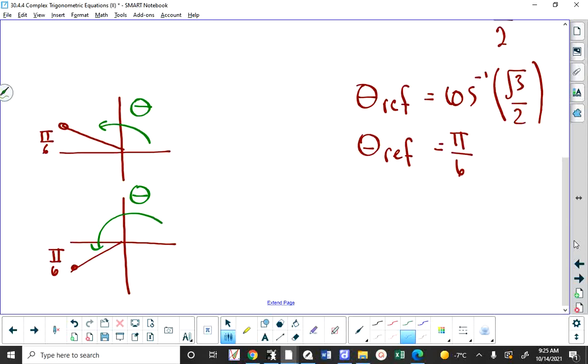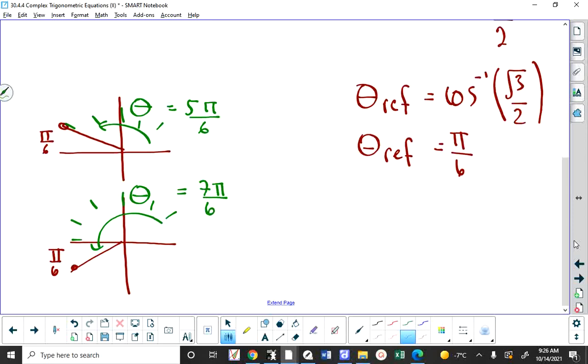This is 5 pi over 6. I'm not actually taking pi minus pi over 6. I'm just counting 1, 2, 3, 4, 5 pi over 6. This is 1, 2, 3, 4, 5, 6, 7 pi over 6.